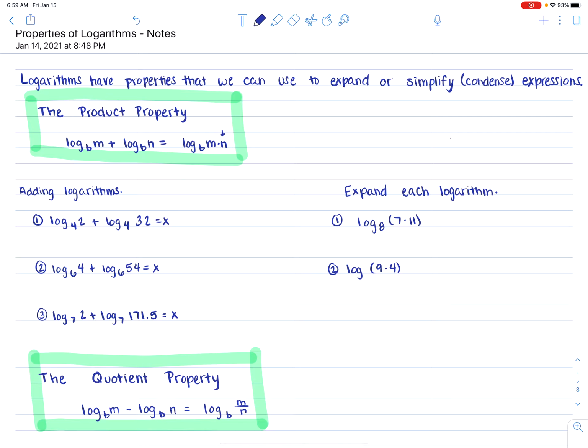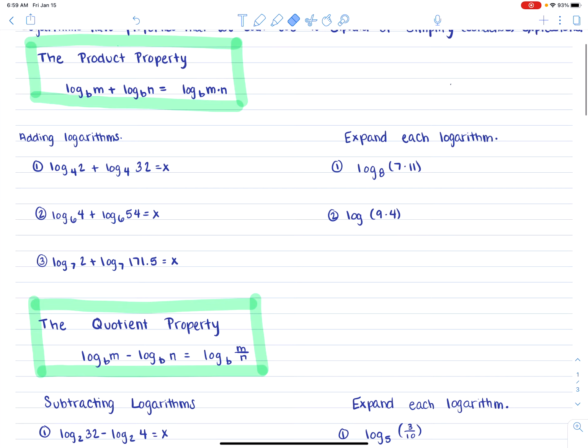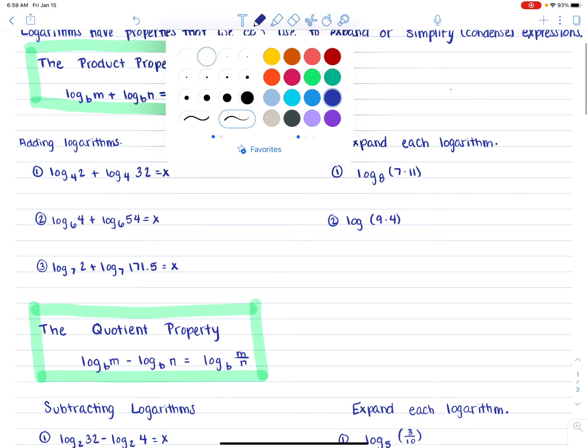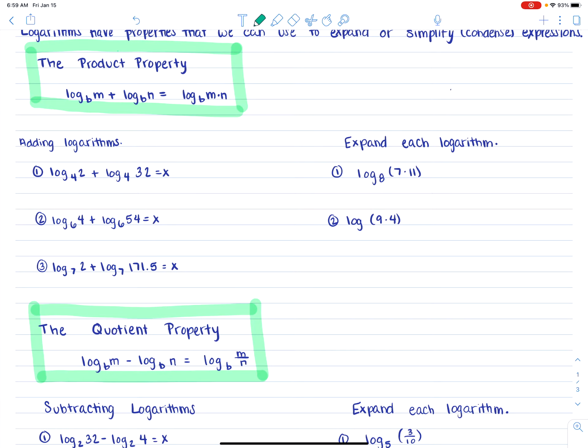So if I have log base 4 of 2 plus log base 4 of 32, I can say really that is log base 4 of 2 times 32. Oops, not 33, 32.